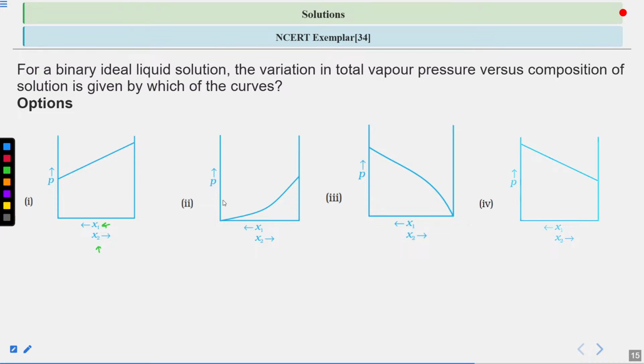In the second graph there is an increasing curve, and in the third graph we have a decreasing curve, in the fourth graph we have a decreasing straight line. Okay, you have to select which curve correctly represents the variation in the total vapor pressure versus the composition of solution.